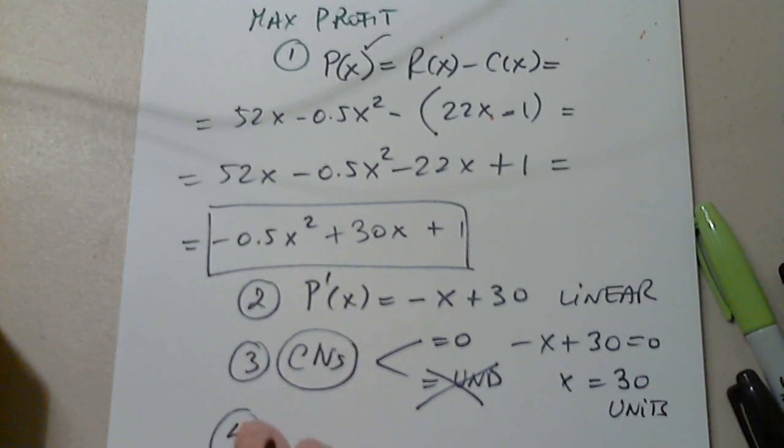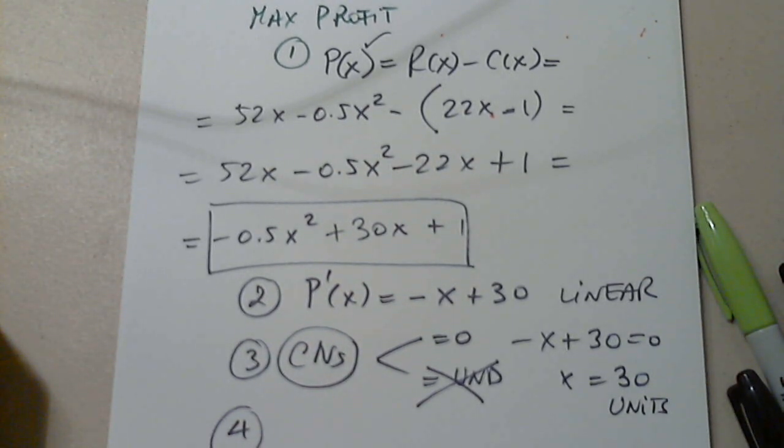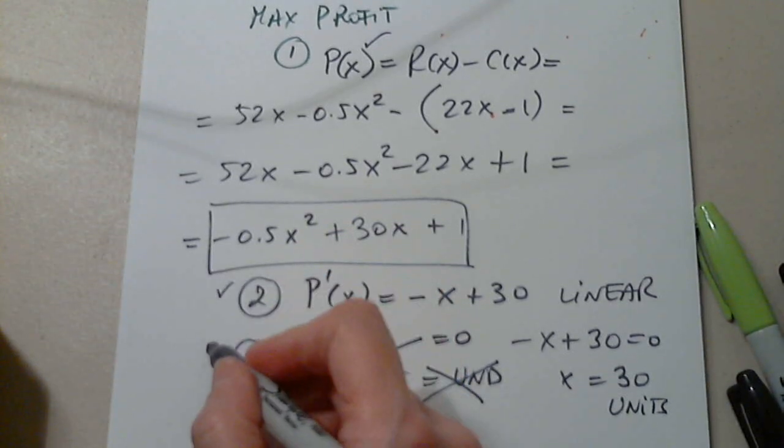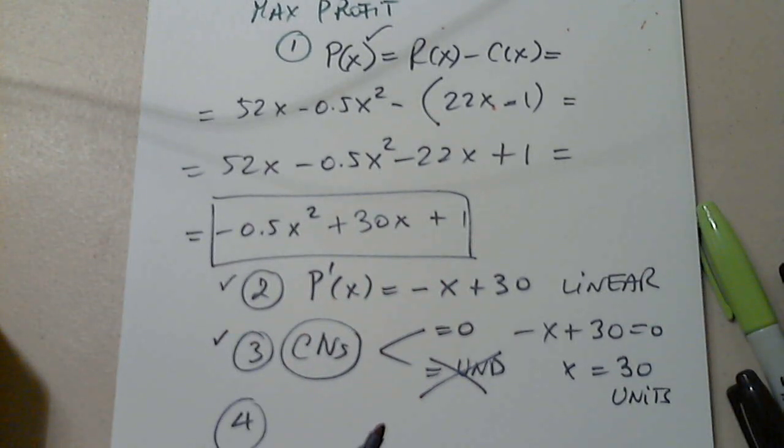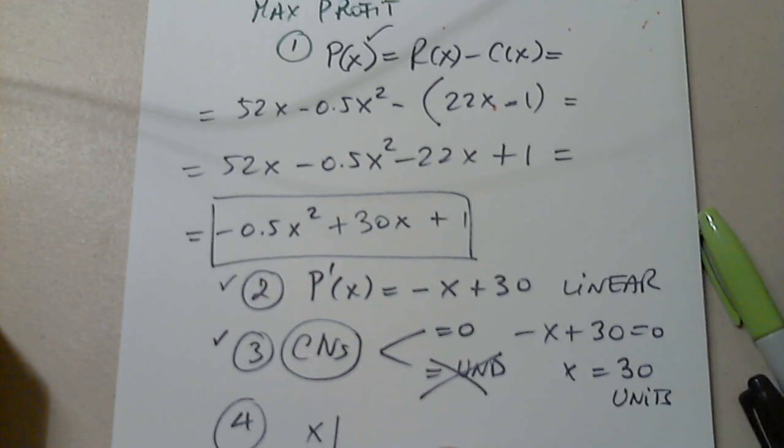In step 4, if step 4 is missing, I am so sorry, but I will not be able to give full credit. This is the most important step, actually, in which I show my knowledge of calculus. What does that mean? Well, I create this table with P prime and P of x.